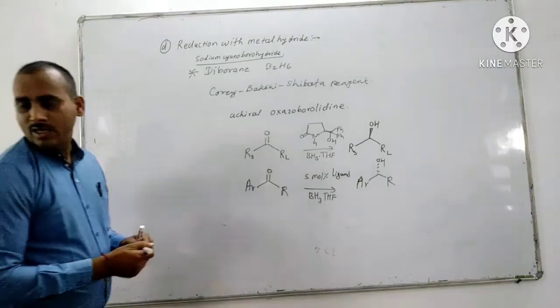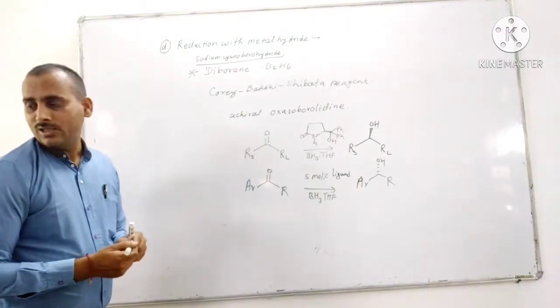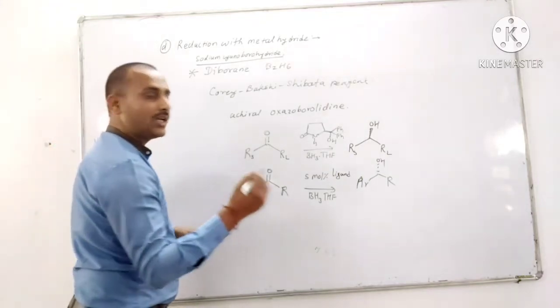Then another example, this epoxide also gets reduced to form the alcohol.